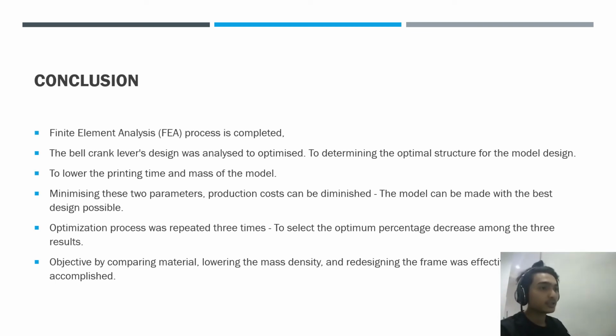By minimizing these two parameters, production costs can be diminished and the model can be made with the best design possible. This optimization process was repeated 3 times to select the optimum percentage decrease among the 3 results. And the objective of comparing materials, lowering the mass density and redesigning the frame was effectively accomplished.